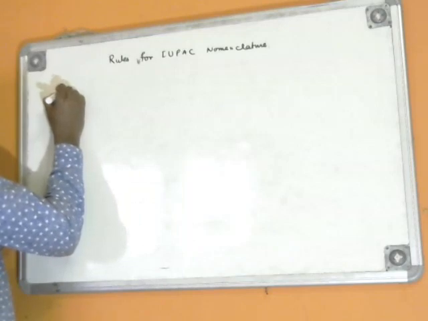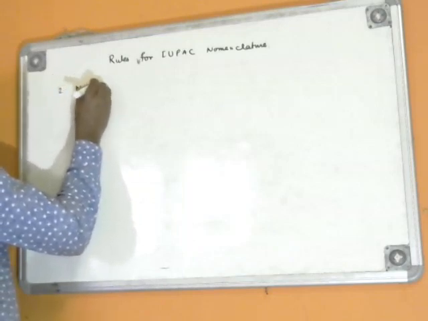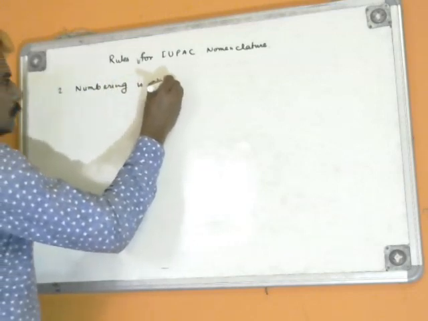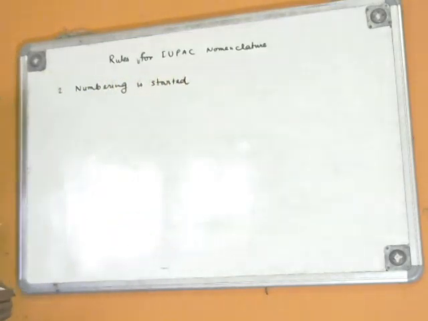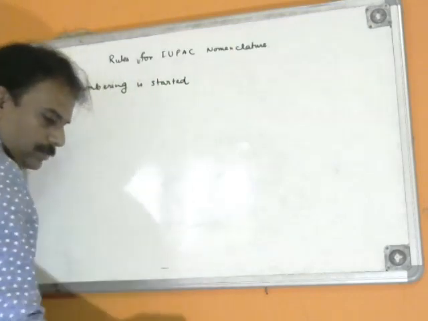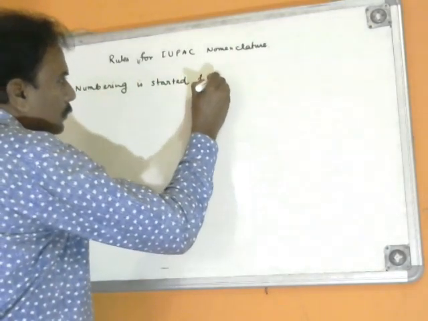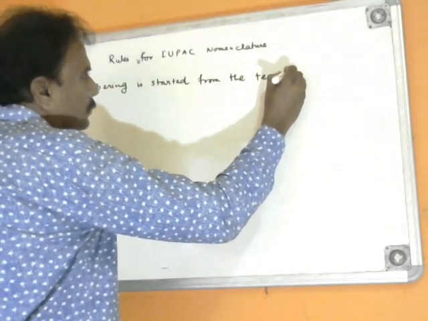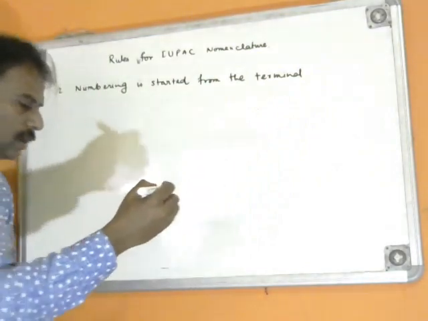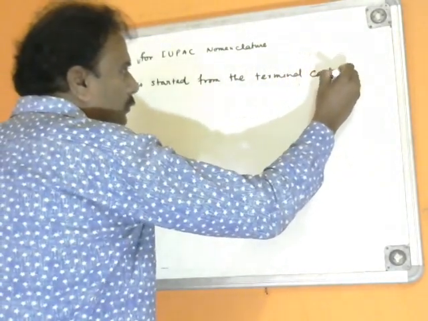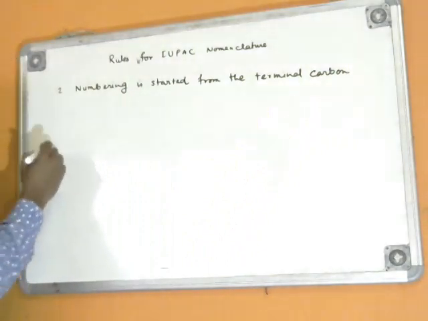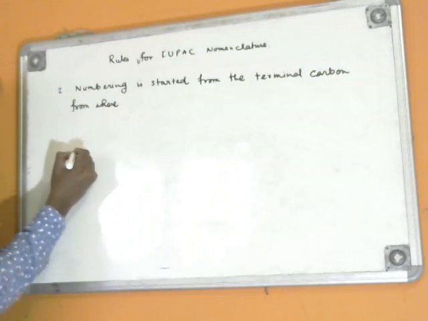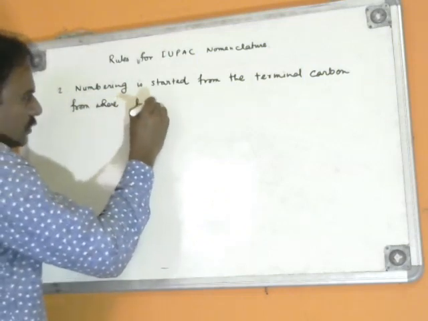Numbering is started from the terminal carbon from where branching is nearest.